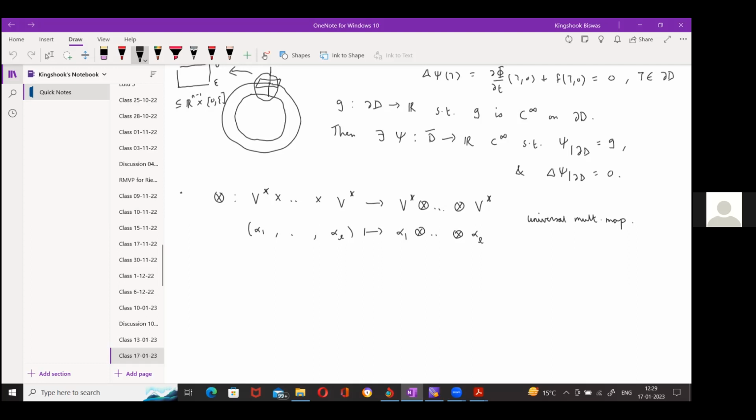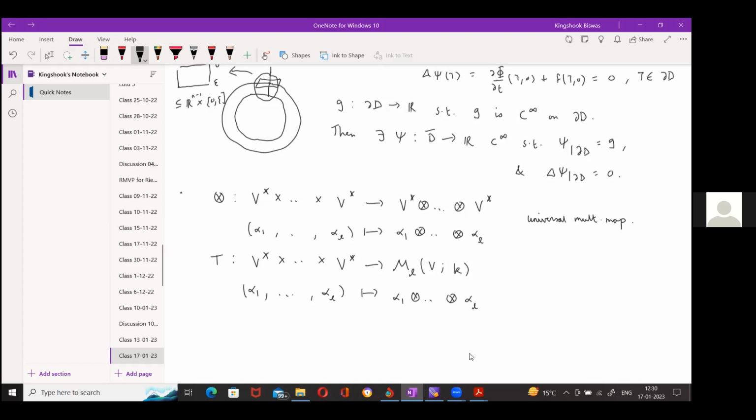And then what I'm calling the concrete tensor product is the tensor product of multilinear functions, right? So that is this multilinear map T from V star cross ... cross V star to the space of L multilinear functions, alpha 1, ..., alpha L goes to alpha 1 tensor ... tensor alpha L. So this tensor product is what I'm calling the concrete tensor product, because it's an element of some concrete vector space, not an abstract tensor product which is defined by a universal property.